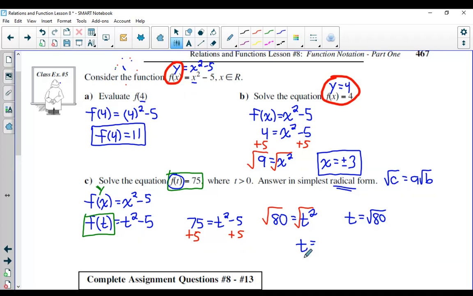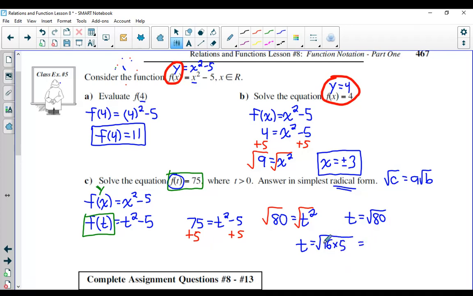So I want to write this as the product of two numbers where one is the highest perfect square you can get. That's actually going to be 16 times 5.